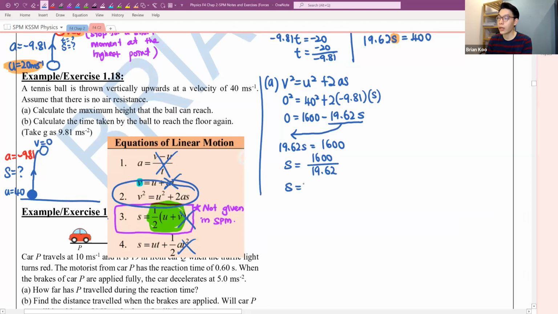Don't worry about the units as long as you make sure that before you substitute in, everything is in SI units. Your final answer will also be in SI units. Maybe I write 81.55 meters. So the tennis ball actually travels 81.55 meters. I hope I didn't make a mistake.